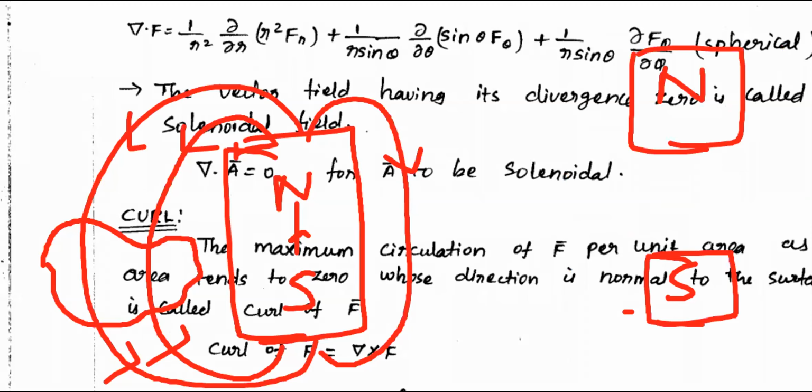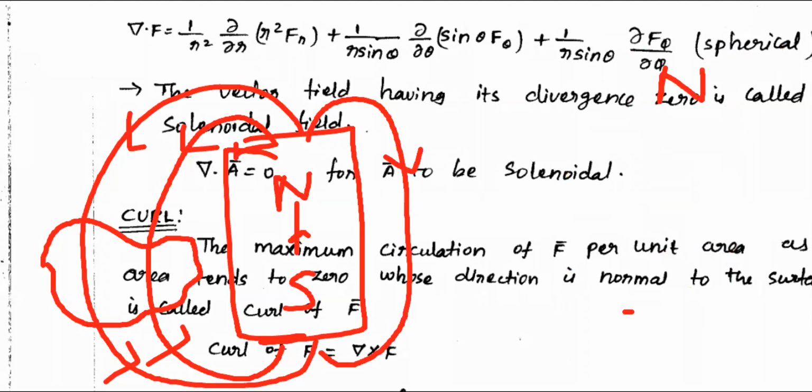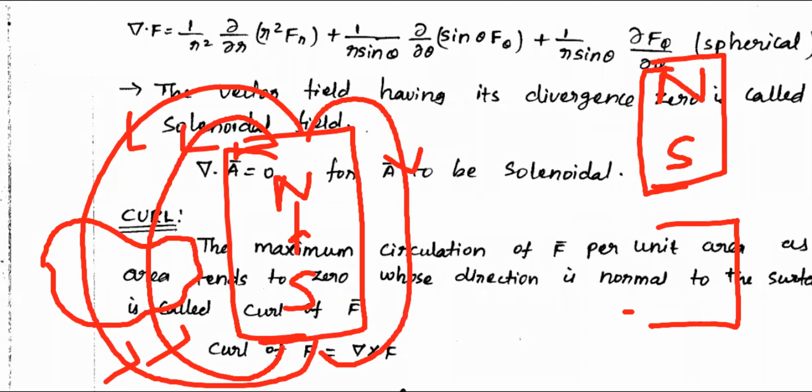From your experience, you know that even if you cut the magnet, it will form its own N and S. So again, still you will have divergence 0. Once it consists of N and S, still the divergence is 0.